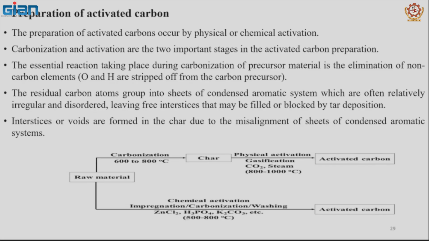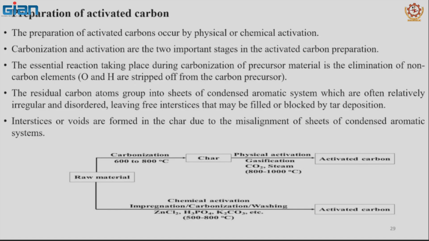The residual carbon atoms group into sheets of condensed aromatic systems, which are often relatively irregular and disordered, leaving free interstices that may be filled or blocked by tar deposition. These interstices or voids are formed in the char due to the misalignment of sheets of condensed aromatic systems.